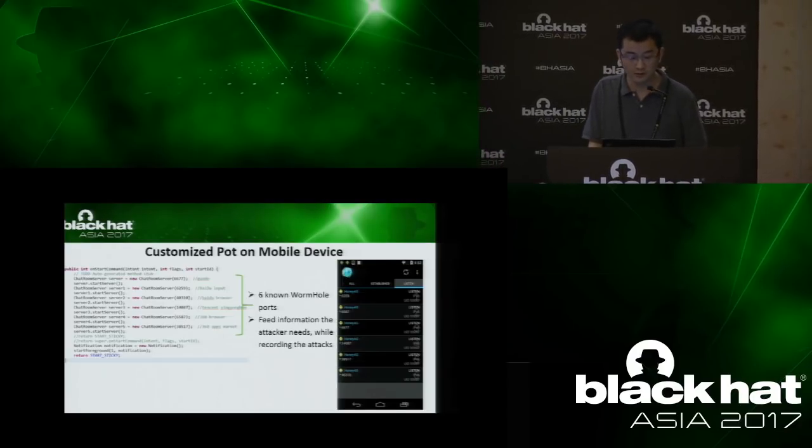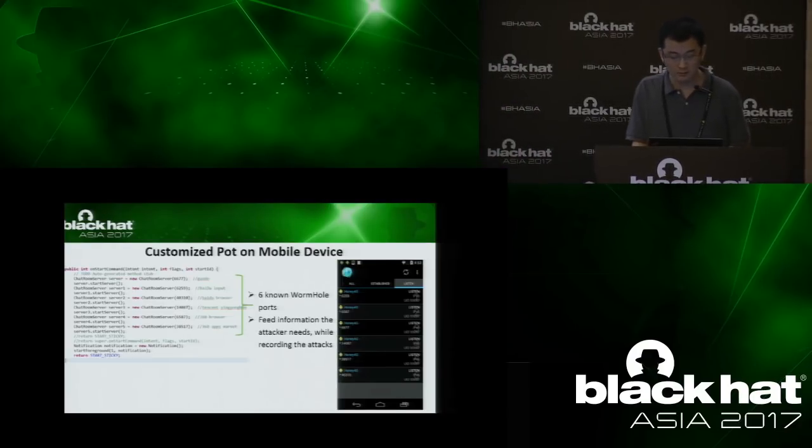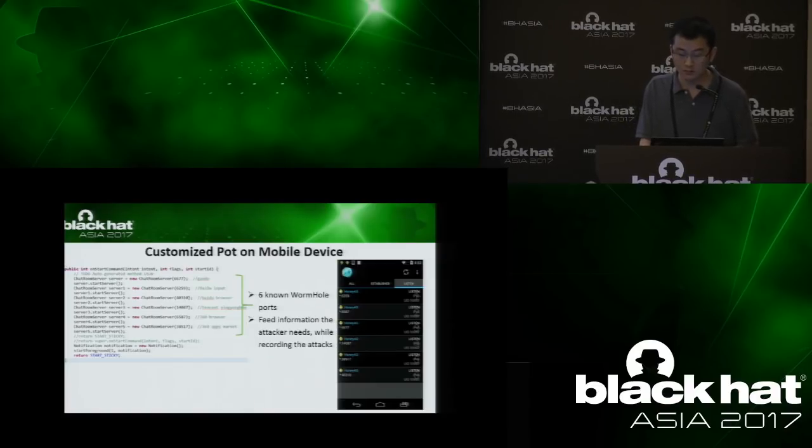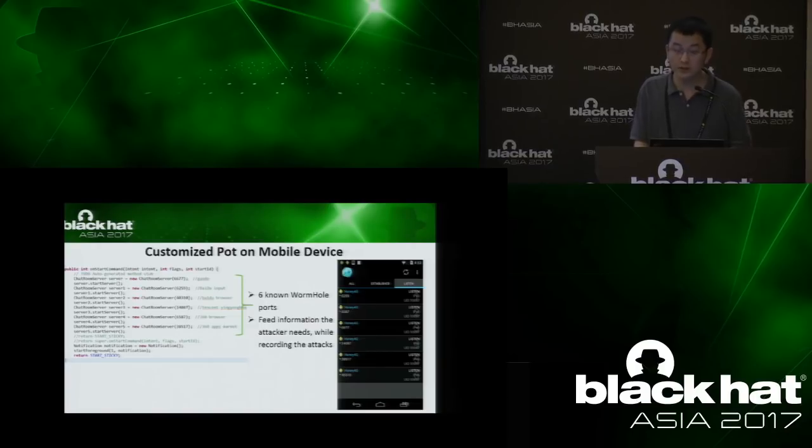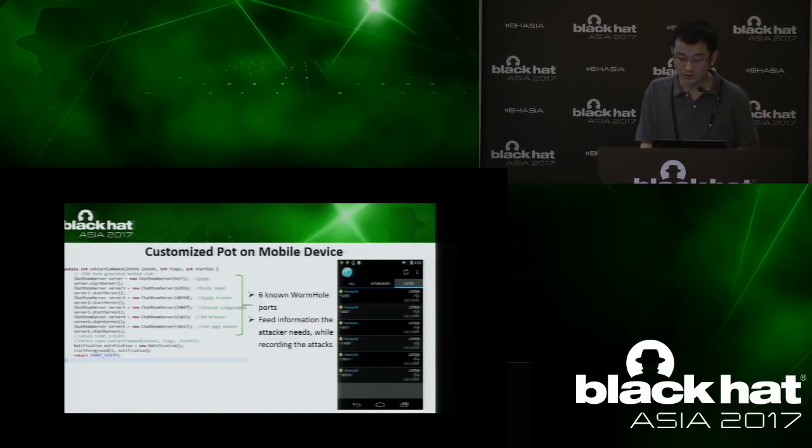The second one is the customized honeypot on real devices. We build an Android application which opens 6 well-known WormHole ports. When the attacker scans our honeypot, it will feed all the information the attacker needs and record the information of this attack.